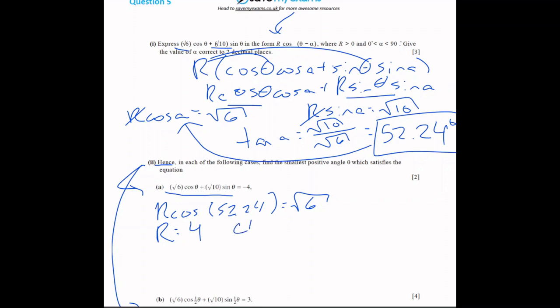So now I have 4 cosine(theta minus alpha), which is 52.24, equals -4. I'm going to start by dividing by 4 on both sides. Cosine of (theta minus 52.24) is equivalent to -1. I'm going to take the inverse cosine on both sides.